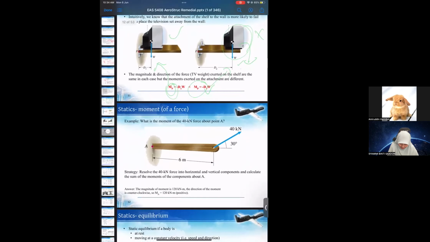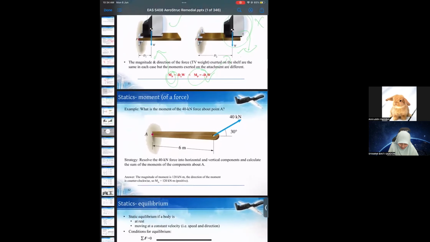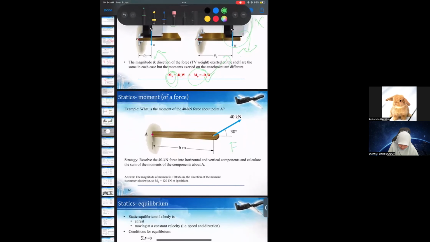Example here: what is the moment of the 40 kilonewton force about point A? To calculate this, we use sine, as just now, to calculate moment. M is F R sine alpha, or theta.